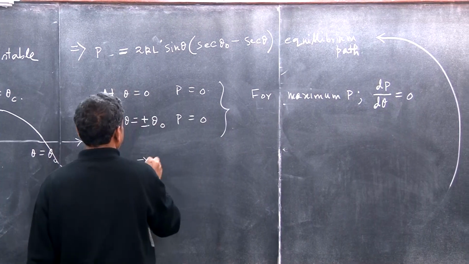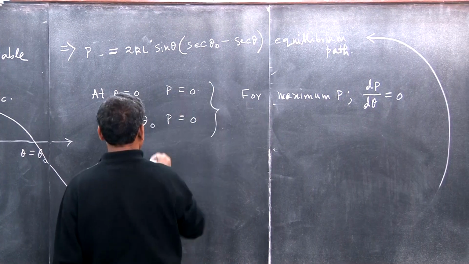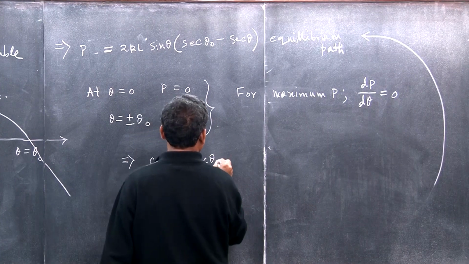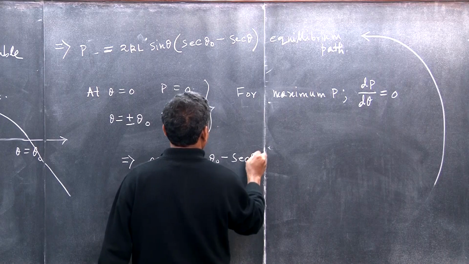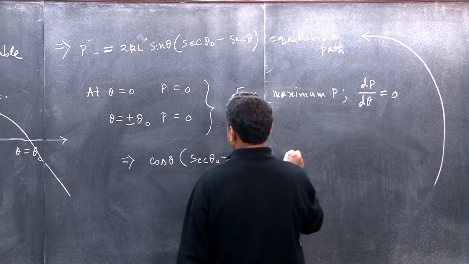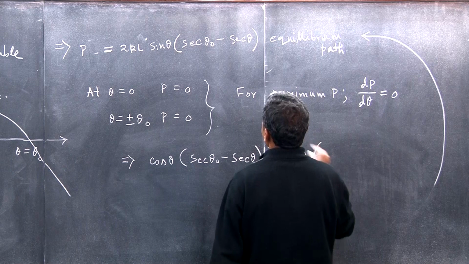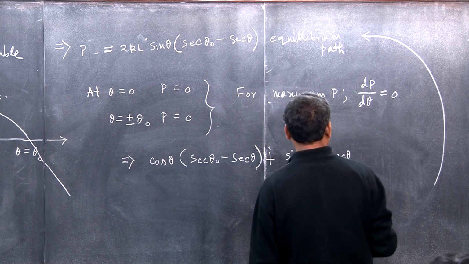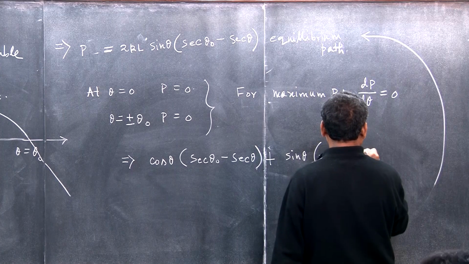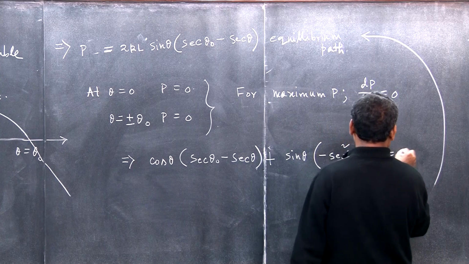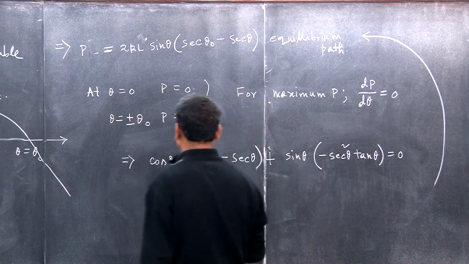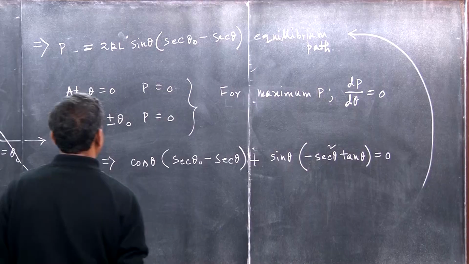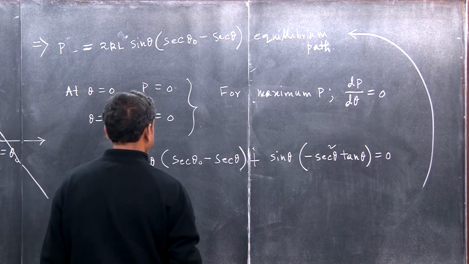So, how is dP d theta coming? You just differentiate it. So, cos theta into sec theta 0 minus sec theta, plus sin theta into minus sec theta tan theta, that is, minus sec square theta tan theta, is equal to 0. Then you simplify that.